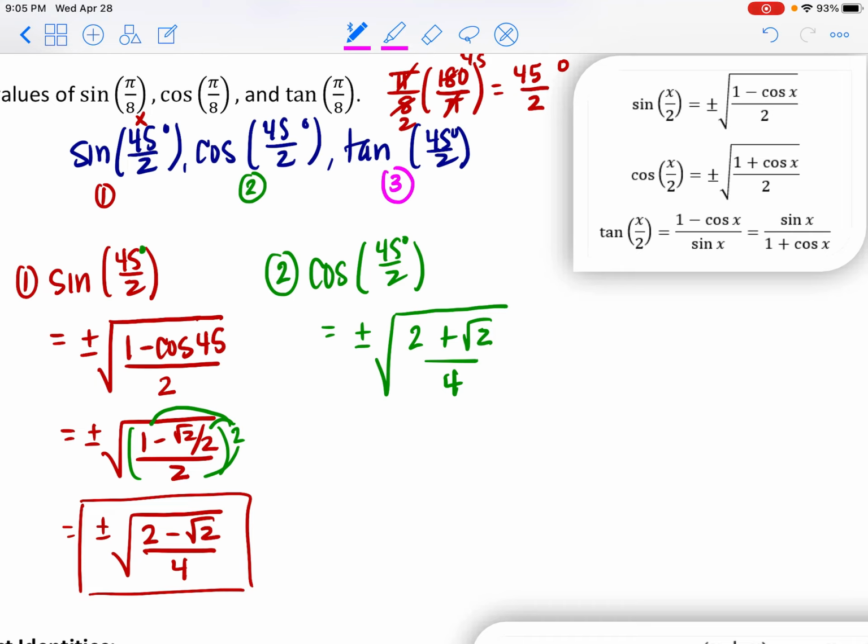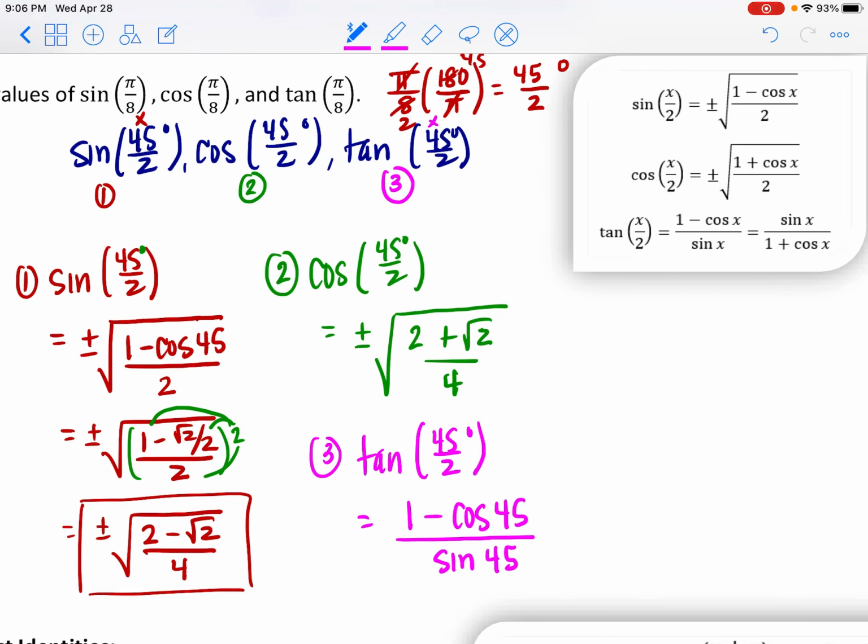So the last one, number 3 here, says to figure out the tangent of 45 over 2 degrees. And a couple of options. I'm going to go with the first one. The first one says to take 1 minus the cosine of x, and remember x is 45 here, so we want the cosine of 45, and then it says to divide that by the sine of x, so the sine of 45.